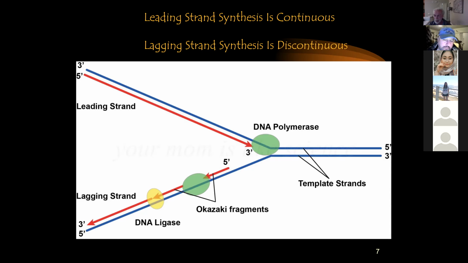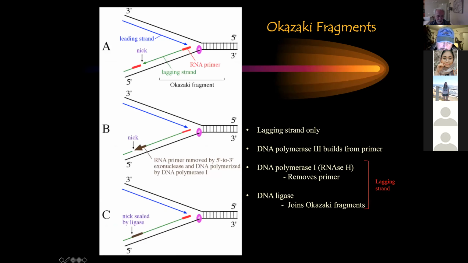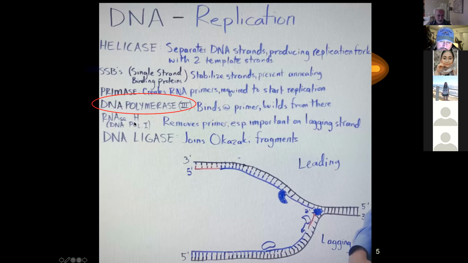I have a question, Professor. When the helicase is formed and the SSBs are there, are they basically replaced or gotten rid of once you get your Okazaki fragments? Yeah, the SSBs, single strand binding proteins, he drew them in here.